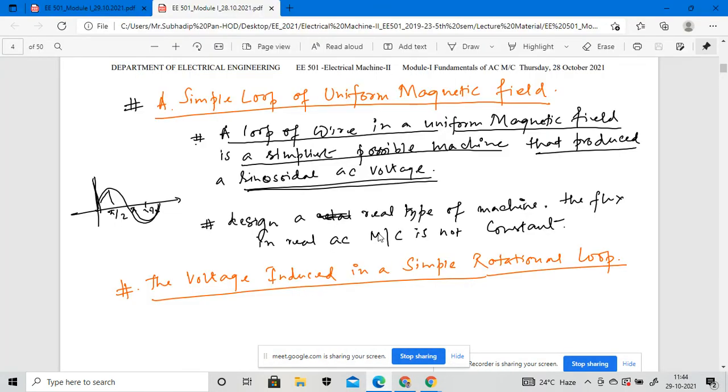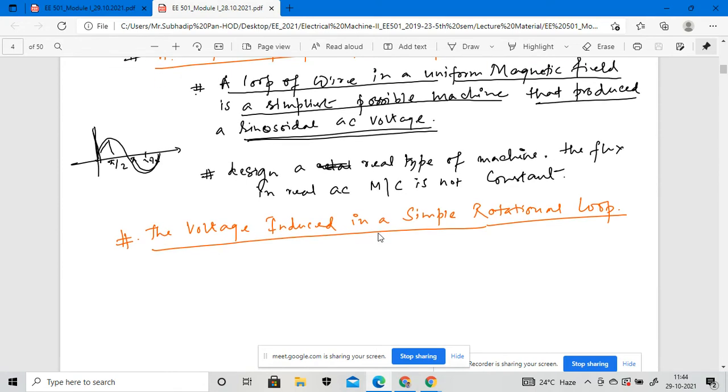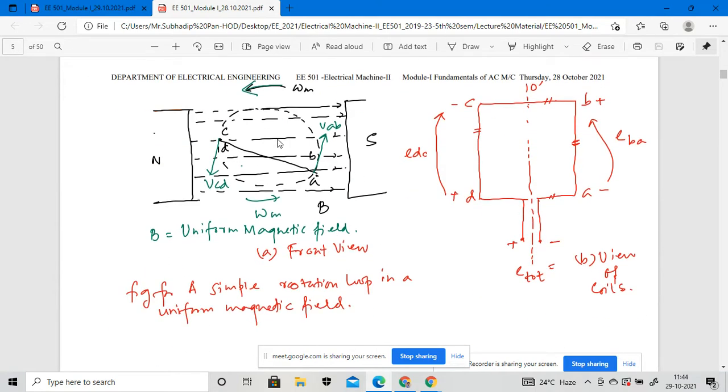In the previous lecture, we also discussed the simple loop in a uniform magnetic field, and how the magnetic field is involved in the rotational motion of such machines. We also discussed the basics of how voltage is induced in a simple rotating loop if we place conductors in a magnetic field.